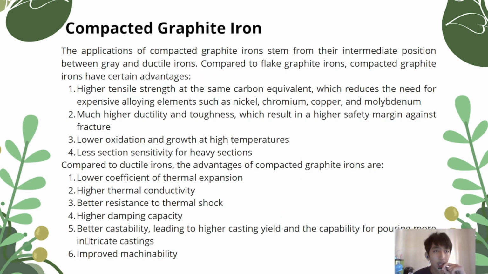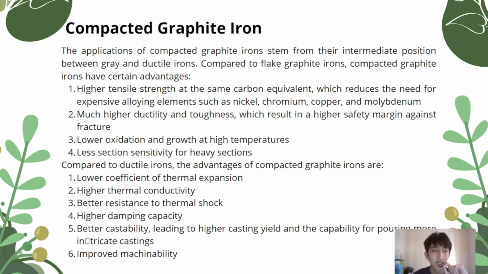Okay, the next is compacted graphite iron. The properties of compacted graphite iron form an intermediate position between gray and ductile irons. Compared to flake graphite iron, compacted graphite iron has these strengths. Okay, the first is higher tensile strength at the same carbon equivalent, which reduces the need for expensive alloying elements such as nickel, chromium, copper, and molybdenum.